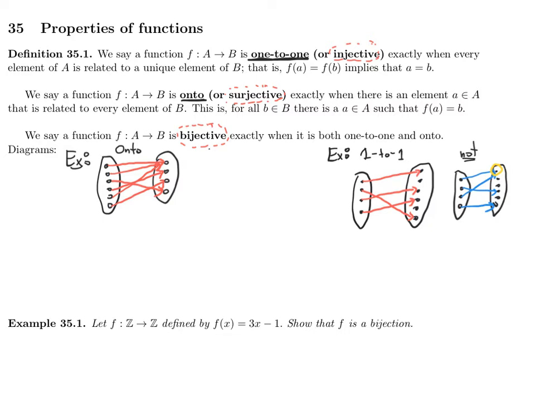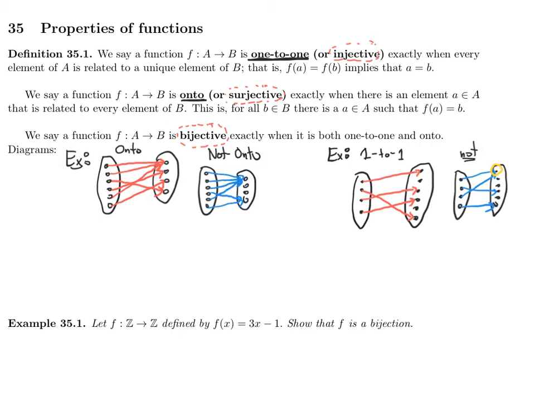And let's look at something that's not onto. So again, let's have the same number of elements in our set. So something like this would not be onto. 1, 2, let's have those 3 go to this one, and let's have this guy go to this one as well.